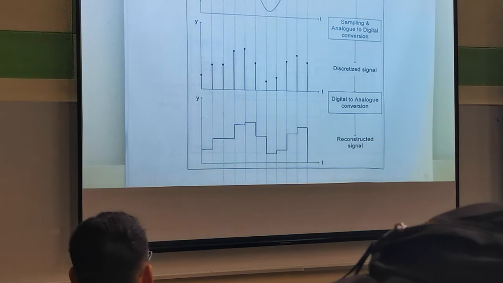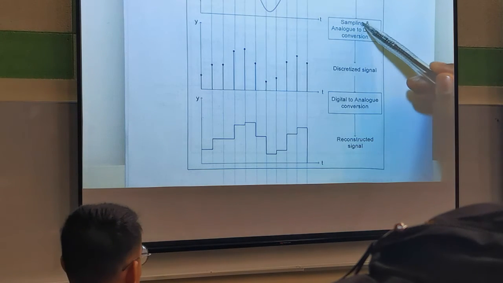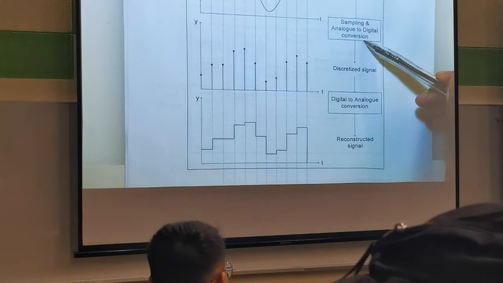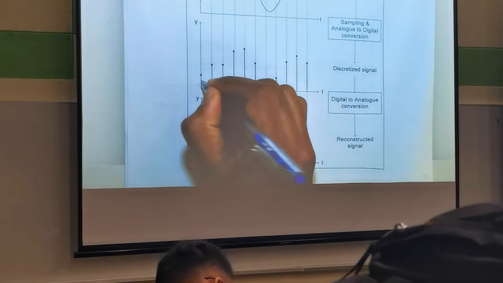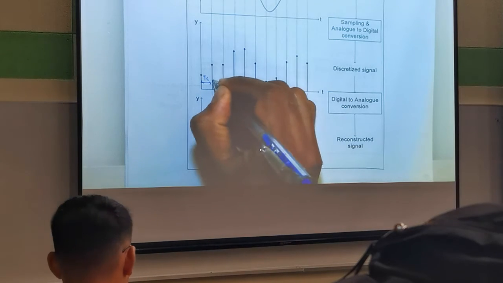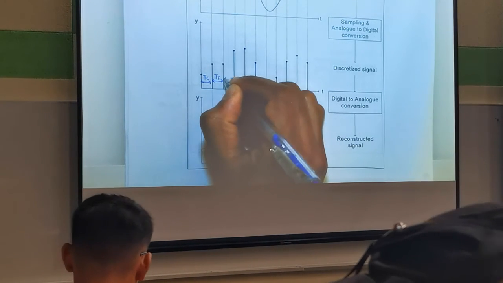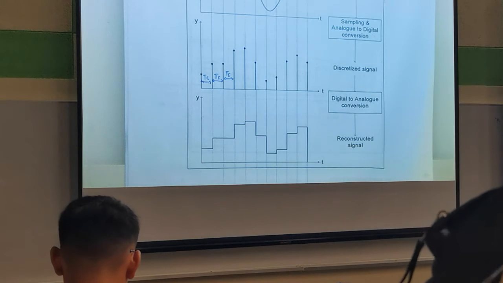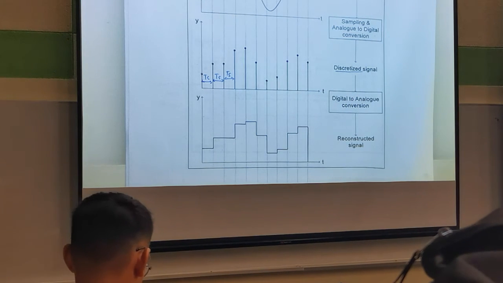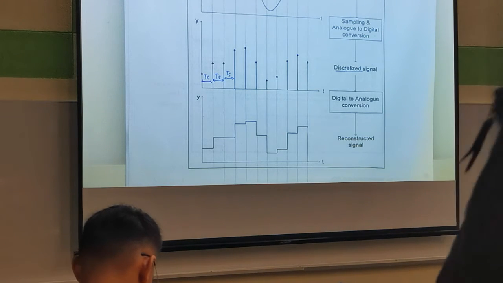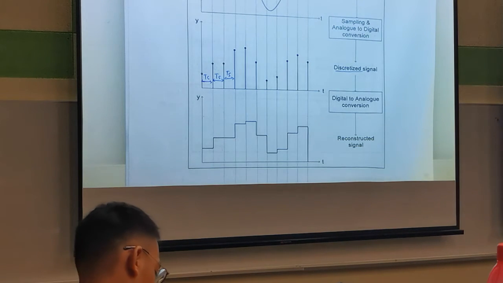So what happens in the next stage? Sampling and analog to digital conversion. That means at every regular interval, I'm going to look at the graph and take the value. So what I have here is a discretized signal. That means at every regular interval, I have a value.